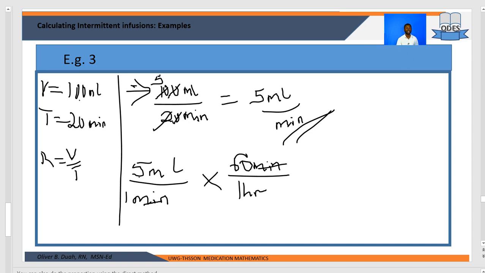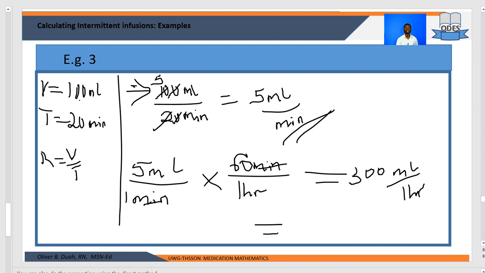And so we will multiply 5 by 60. 5 times 6 is 30. And we'll just add the 0. So 30 plus the 0 here. And so this will be 300 ml per each hour, 1 hour.